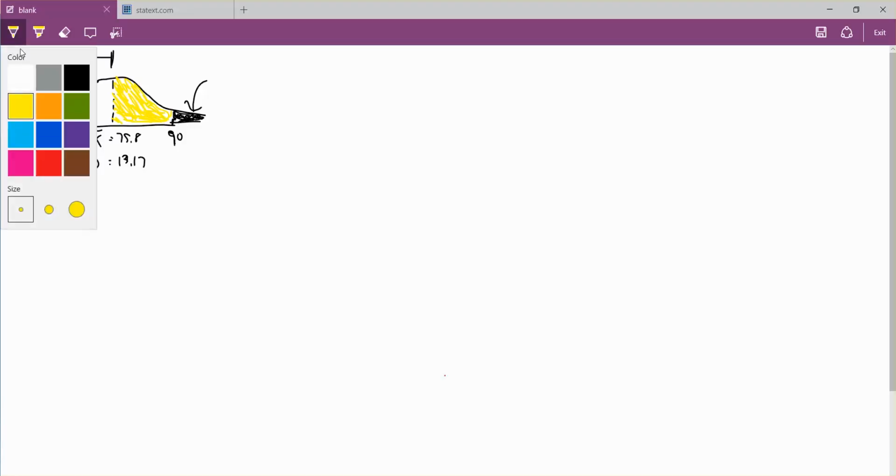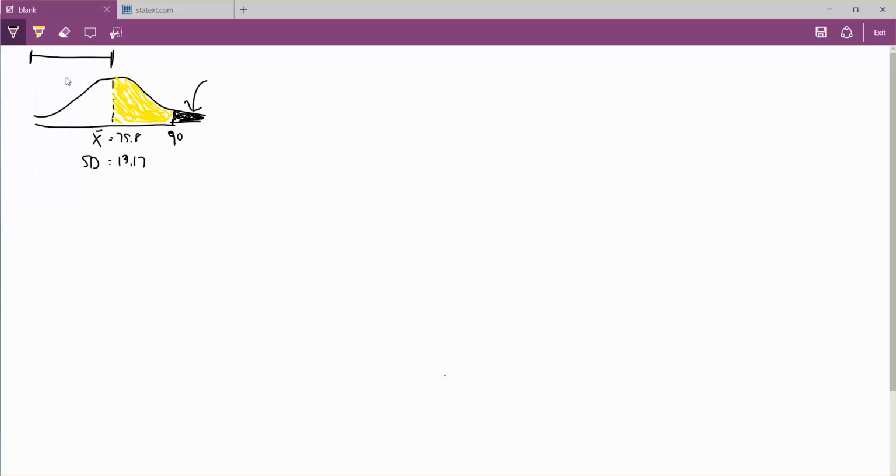So if I take, I'll do it in blue, 50% because that's half, and I subtract the yellow portion, hopefully that shows up okay, then my answer will give me the black portion.